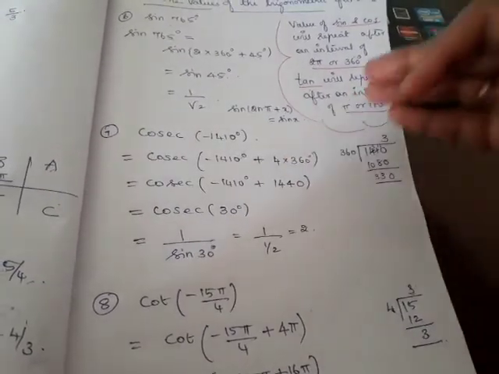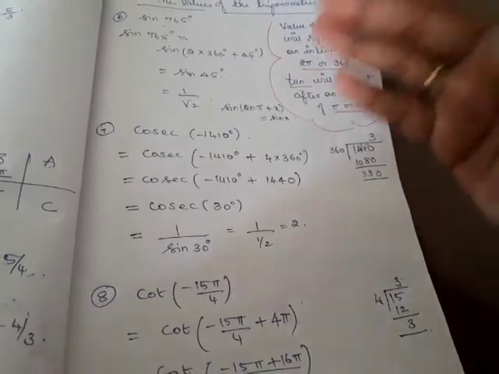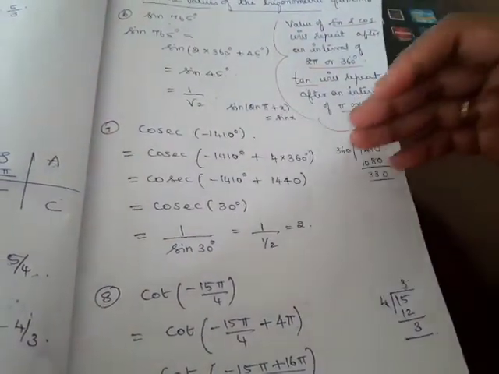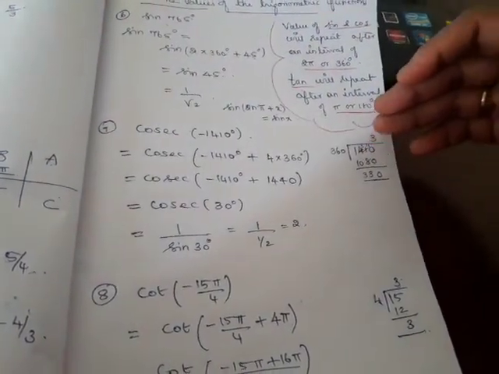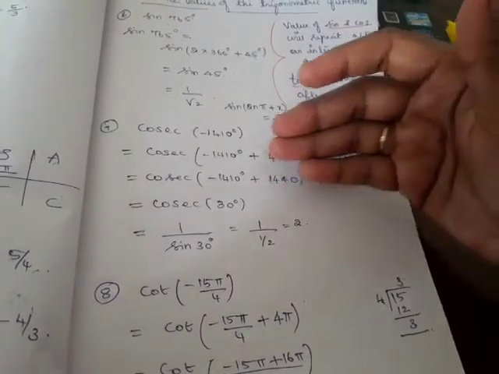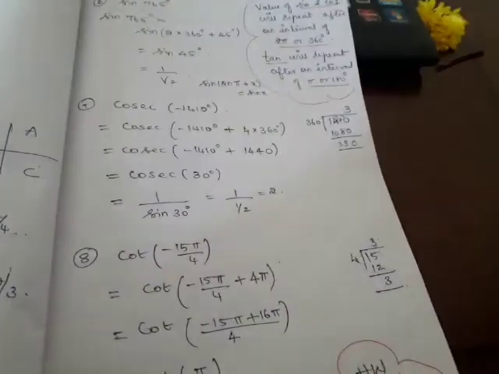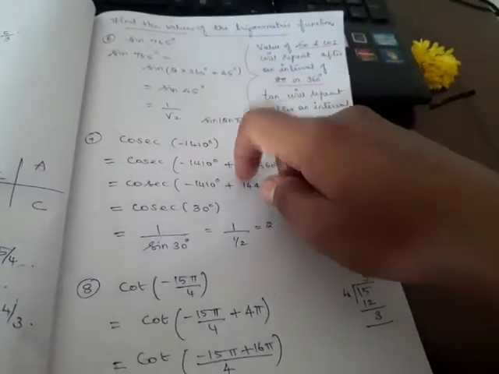And for tan, after an interval of pi or 180, it will repeat. When you have a negative, you just divide by 360 and check the quotient, and the next number of the quotient you take as a multiple and add it, so that you can apply the result and get the answer easily.